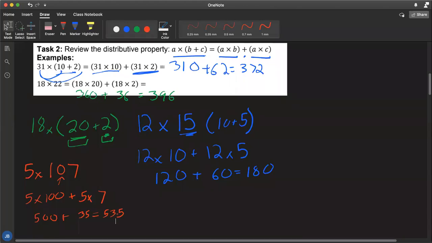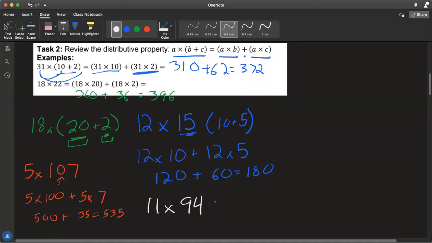Okay. What if, we'll do one more here. What if I had, let's see, 10, now 10's a little too easy. 11 times, let's see, 94. Who wants to try this one?